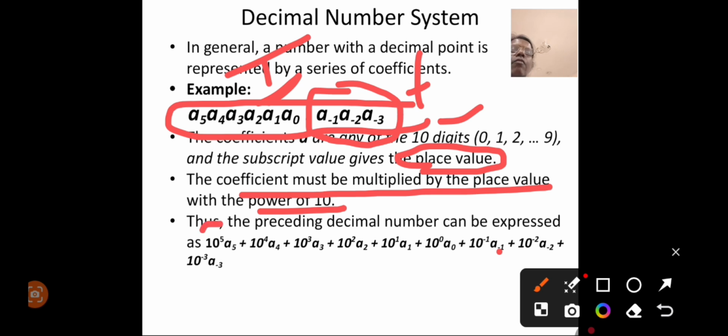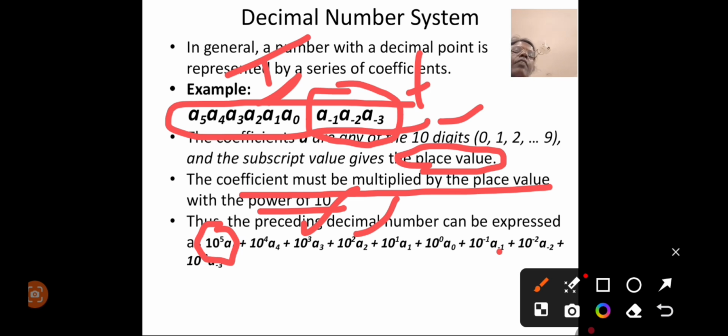This is the weightage of this particular digit A5, right? The same way for position 4, how can we find the weightage? A4 should be multiplied with 10 power 4. Similarly, A3 should be multiplied by 10 power 3, A2 by 10 power 2. Like that we calculate the weightage for each digit position, and add all those weightages to find the magnitude of the integer part.